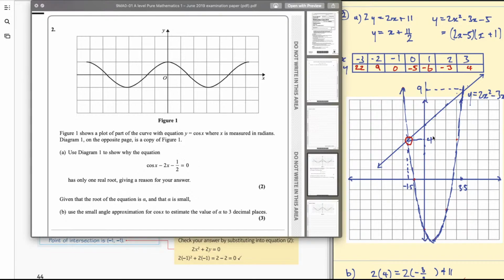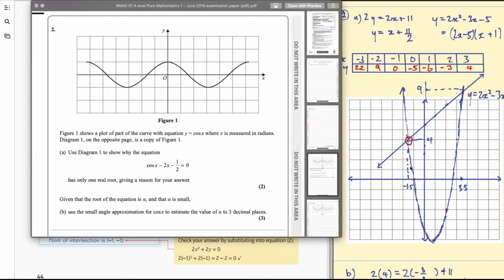So by understanding this process of solving this graphically, you're able to understand how you might go about solving this problem. So the approach to solving this particular question was to let cosine of x equal 2x plus a half. So the cosine graph, which is here, for this equation was equal to the straight line 2x plus a half.